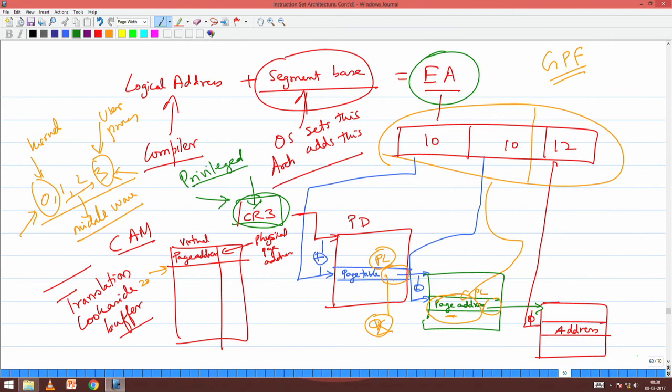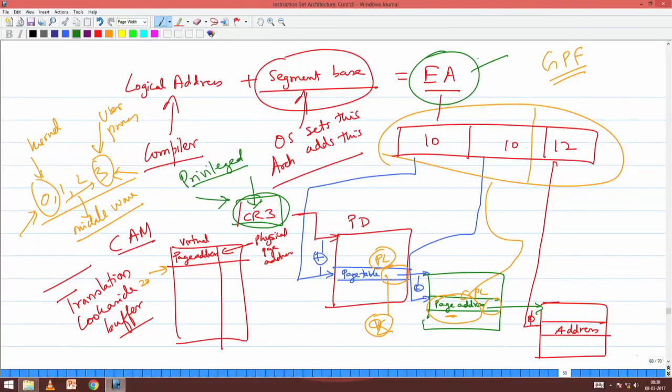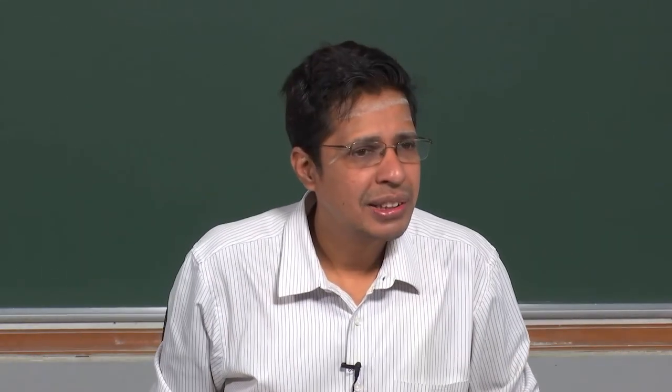So I now say that I will have one very large segment of privilege level 3 which can be read, writable and executable, because I do not want anybody to stop anything at this stage. So if I want to execute, if I want to do anything, that is completely taken care of. The segmentation will not come in the way. Segmentation has let you off, do whatever you want, right.